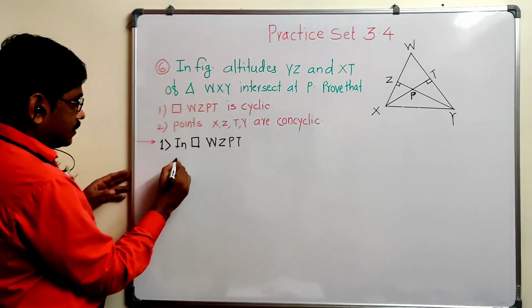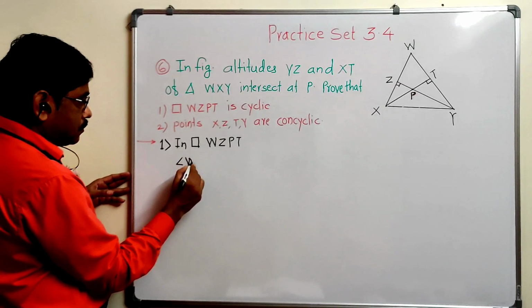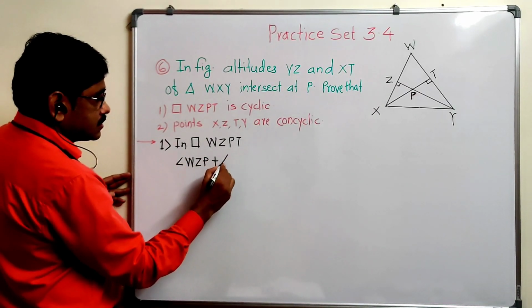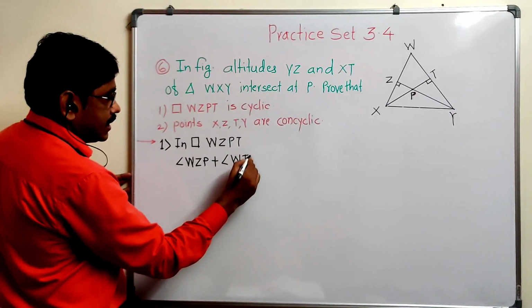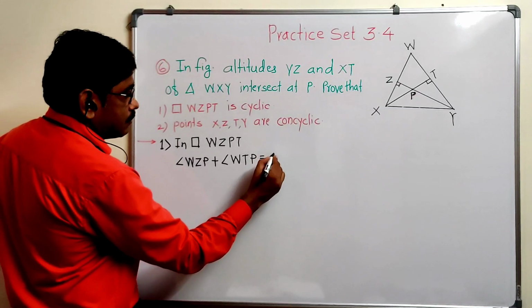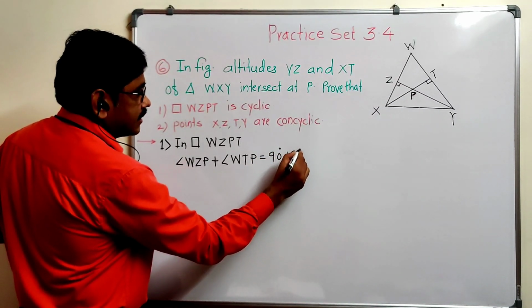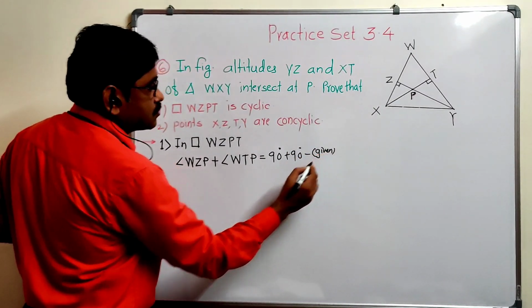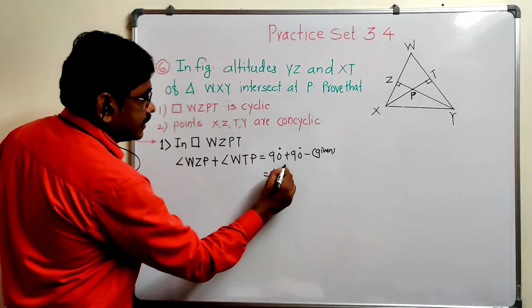Here, measure of angle WZP plus measure of angle WTP is equal to 90 degrees plus 90 degrees. What is the reason? Given, because altitudes are there, is equal to 180 degrees.